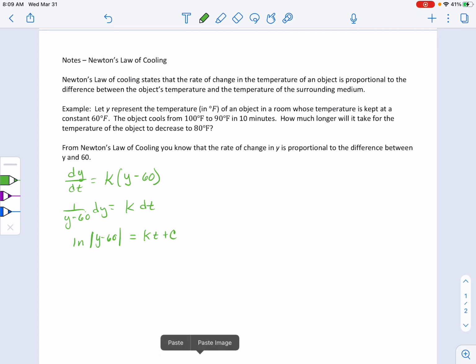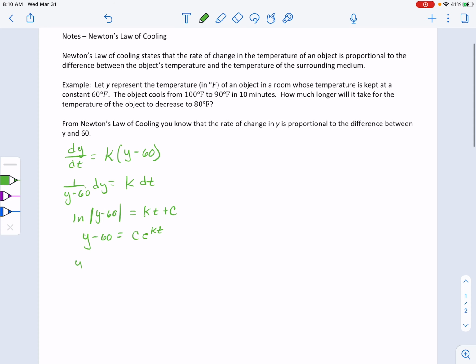When you take e to the power, you end up with y minus 60 equals c e to the kt. We've done that many times. So now y is equal to 60 plus c e to the kt, and we have to solve for c. Well, we know that at t equals 0, y is equal to 100.